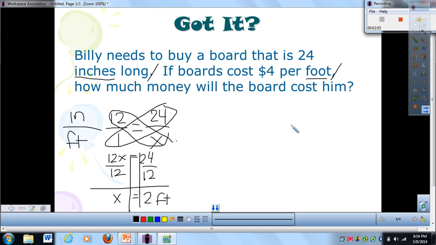The question tells us that board costs $4 per foot. So 1 foot would cost $4. The second foot would cost $4, leaving me with a total cost of $8.